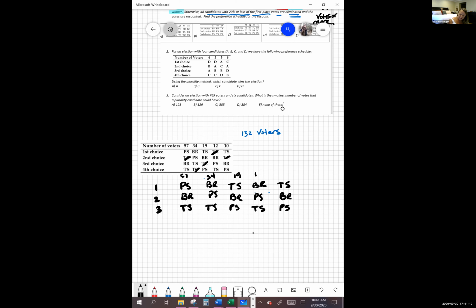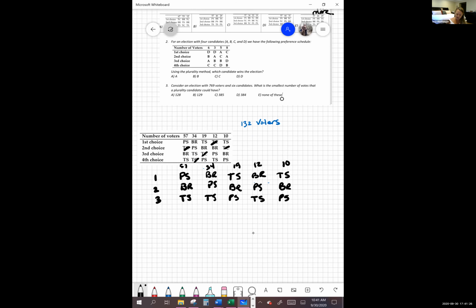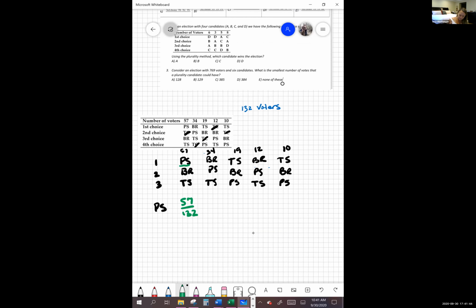And so we want to count, make sure they have a 20%. So PS, popcorn shrimp, first place, they only have 57. So they have 57 still out of the 132. The brisket, or not brisket, barbecue riblet, they have 34 plus 12.